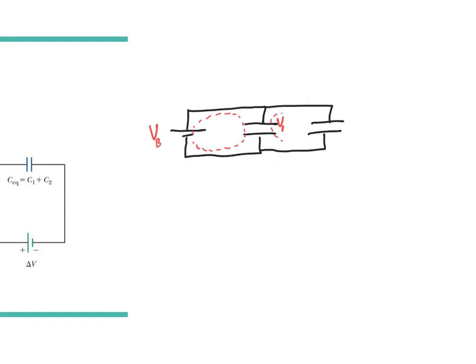I see another loop here that says the voltage across the first capacitor and the voltage across the second capacitor must be equal in magnitude. And there's a third loop I could look at all the way around the outside that says that the voltage across the battery and the voltage across the second capacitor must be the same. In other words, the voltage across the battery is equal to the voltage across the first capacitor, and it's also equal to the voltage across the second capacitor.